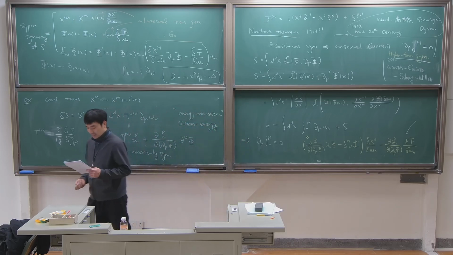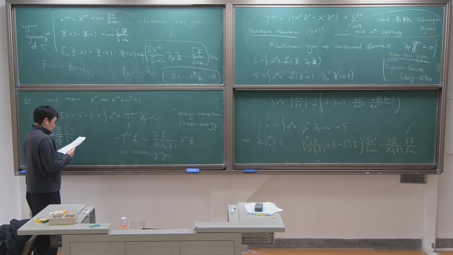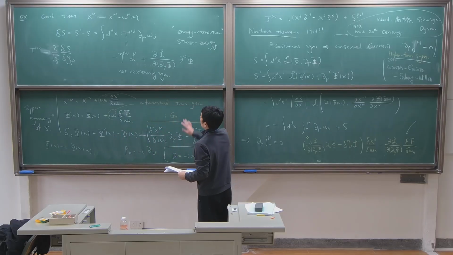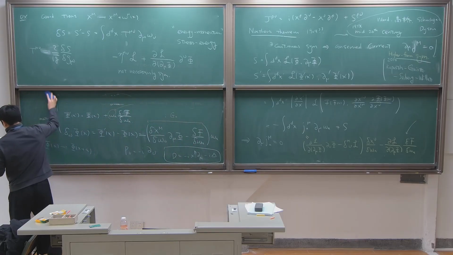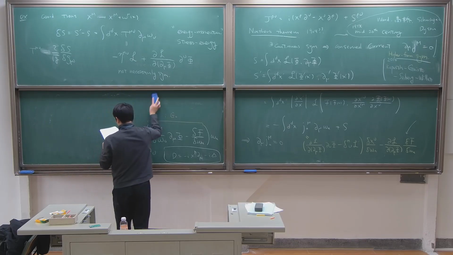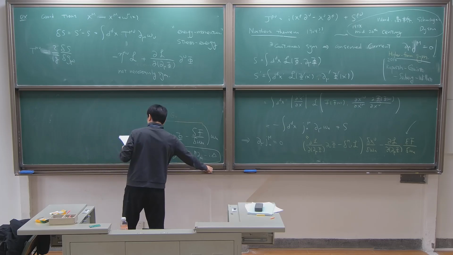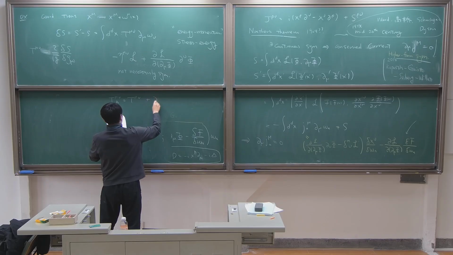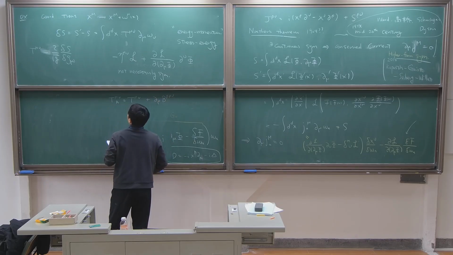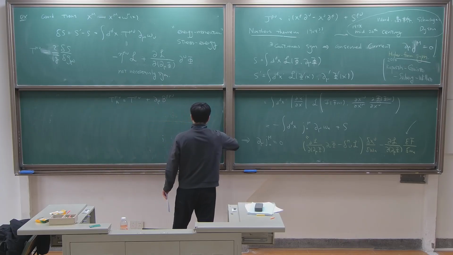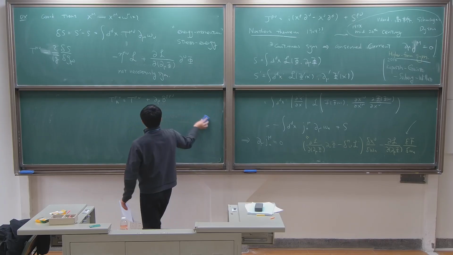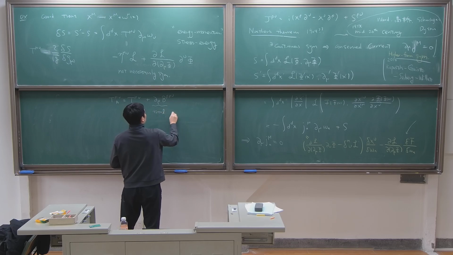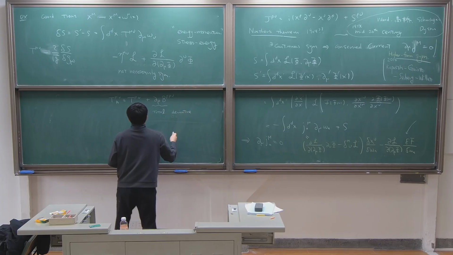That is just adding a totally antisymmetric tensor. There is a way to make it symmetric by adding just a total derivative term, where this tensor satisfies this condition.